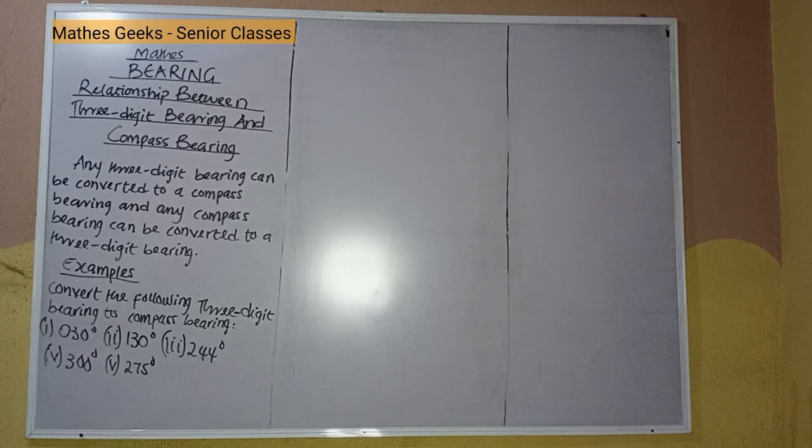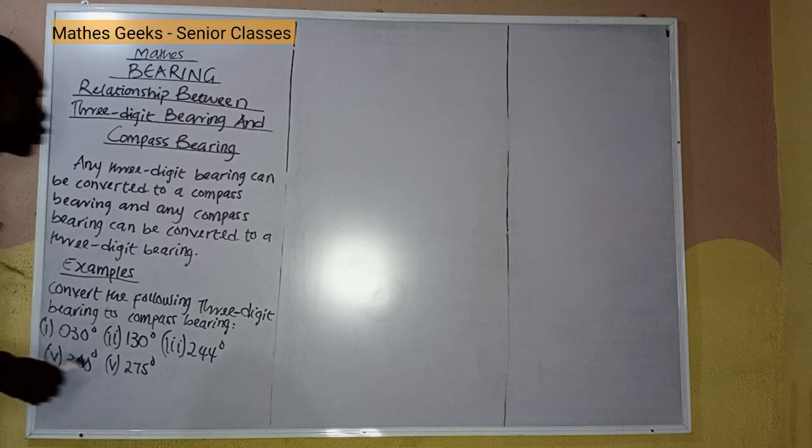So you might find it difficult to understand why certain things are the way they are. I would crave your indulgence to pause this video and go back to the first video in the playlist, or if you already have an idea of the principles of compass bearing and 3-digit bearing, you can just go on from here. So let's go to the solution.